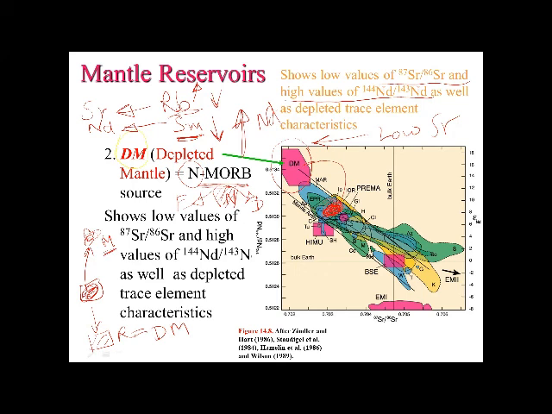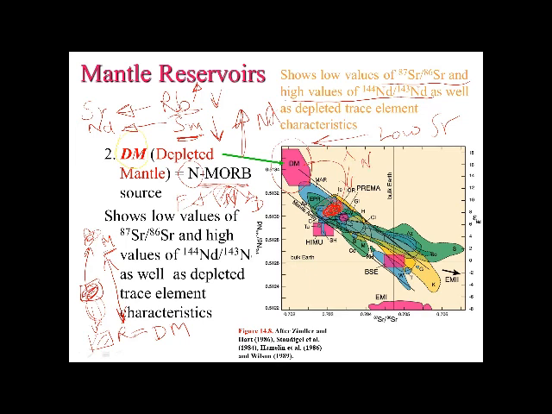Okay, so MOB is complementary to the depleted mantle. That's why sometimes we say the source for the MOB is depleted mantle. So this is the concept. The depleted mantle and MOB are complementary to each other, right? This difference comes only because of the compatibility and incompatibility nature.